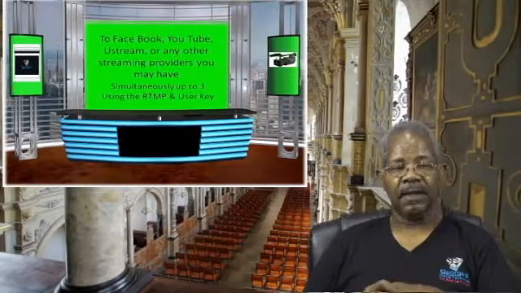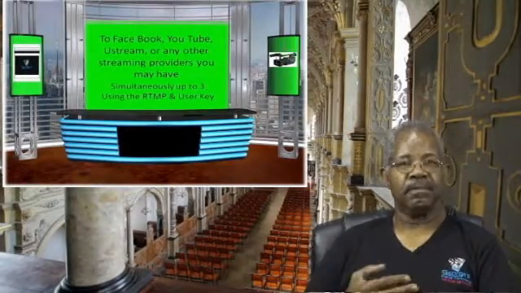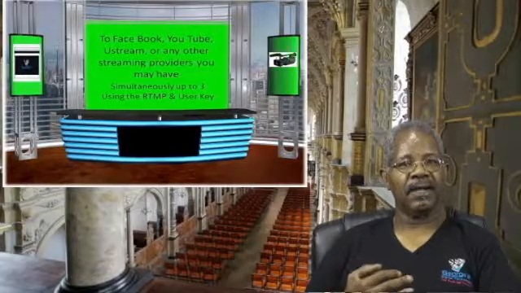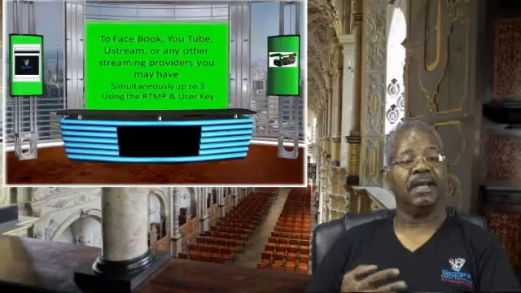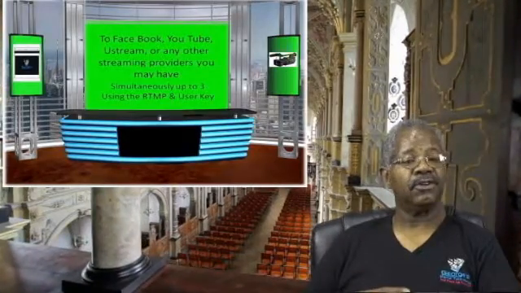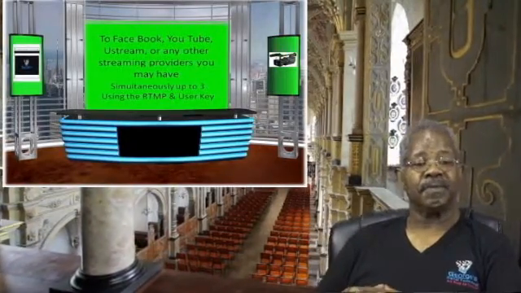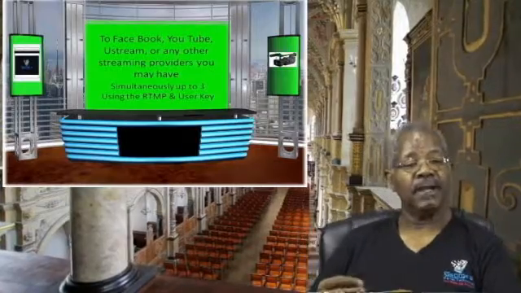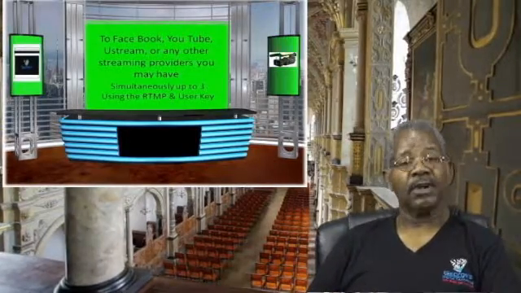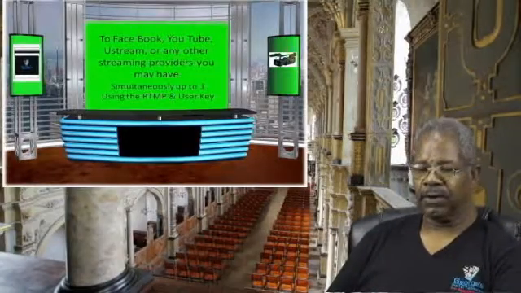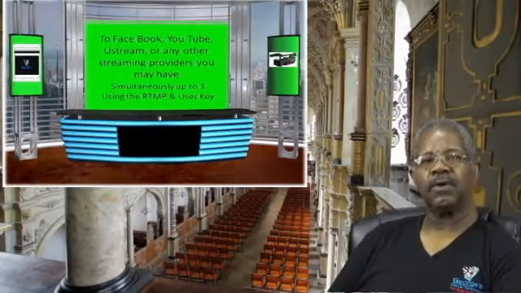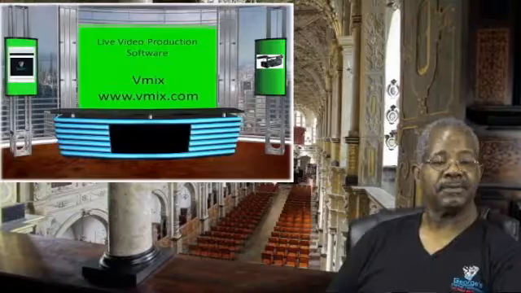Facebook has an RTMP code, as do YouTube, Ustream, and any of the others that you are using. You can stream up to 3, or you can have us come in and stream to 3 if you don't have the budget for your live stream.